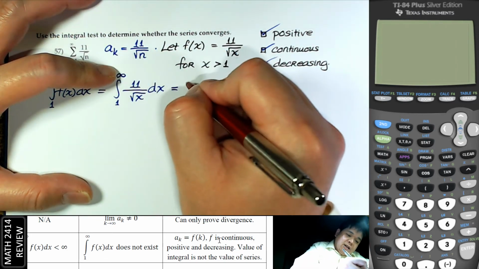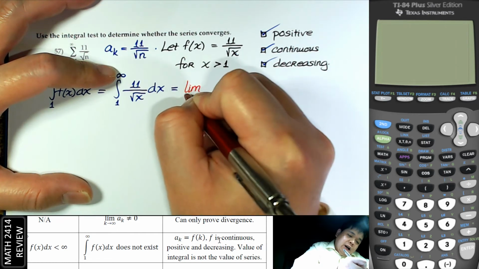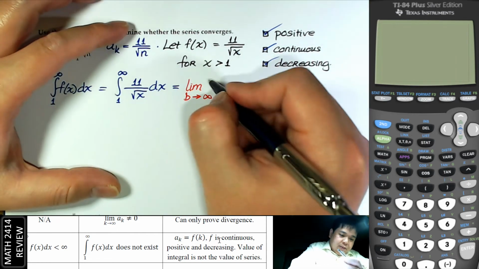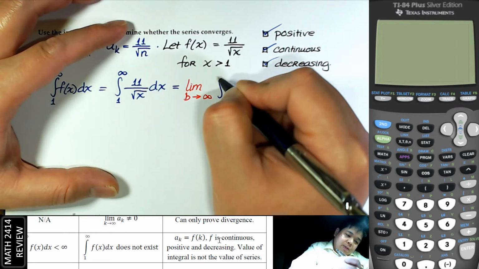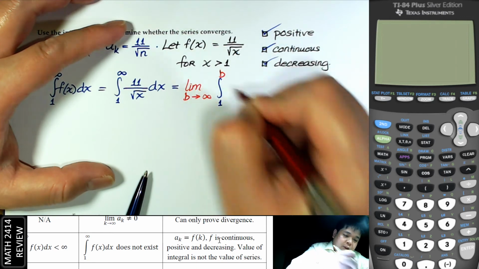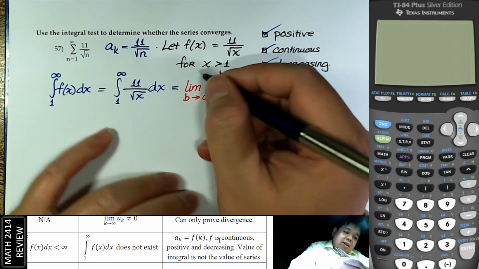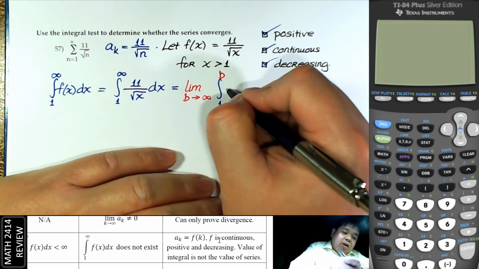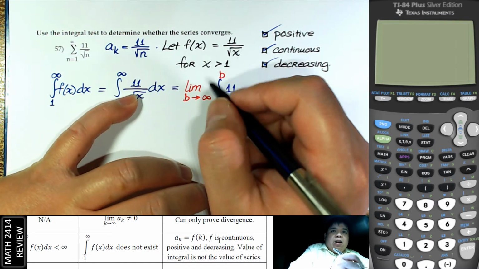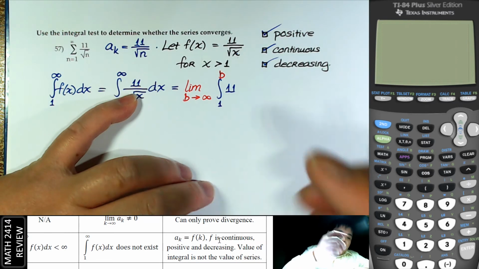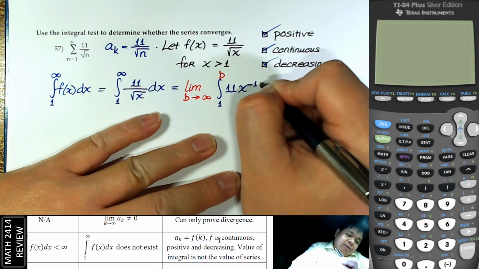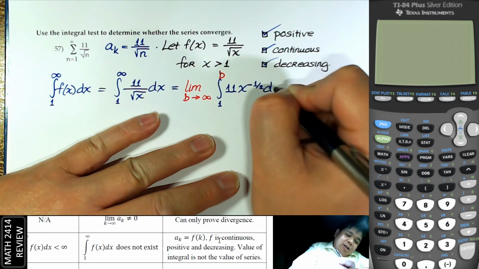So replace that infinity by the upper limit, so use b. So that takes care of the limit, the improper part of the integral. Now, square root of x is x to the 1/2. x to the 1/2 at the bottom, move to the top, x to the negative 1/2 dx.